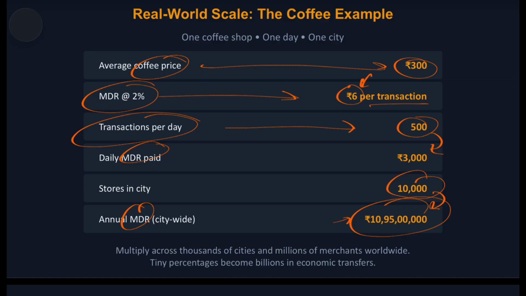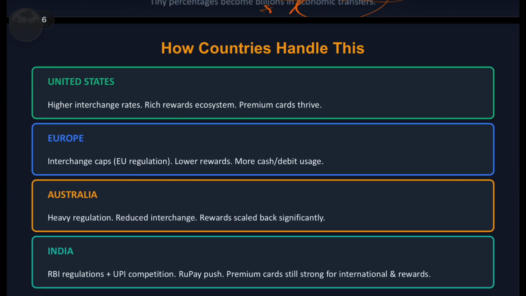Started from 6 rupees to 10 crores 95 lakh. This is the power of volume. Multiply that across thousands of cities and millions of merchants worldwide. This tiny percentage actually becomes billions in economic transfer.